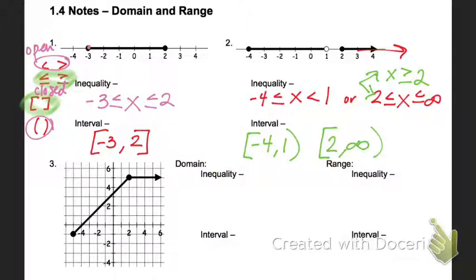Now a parenthesis is always connected to an infinity sign. They always go together because you can never touch infinity. Infinity is not definite.